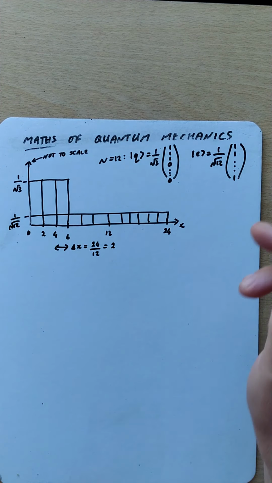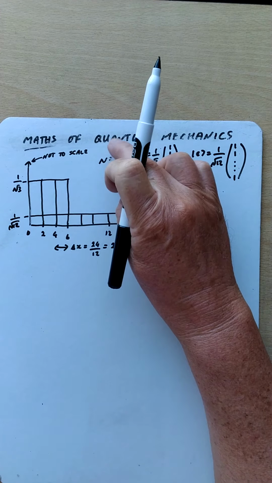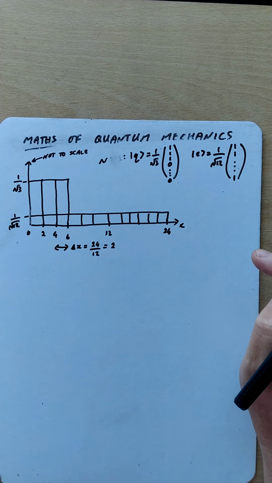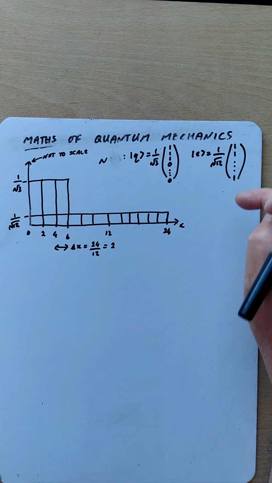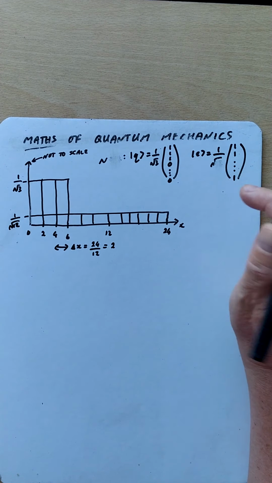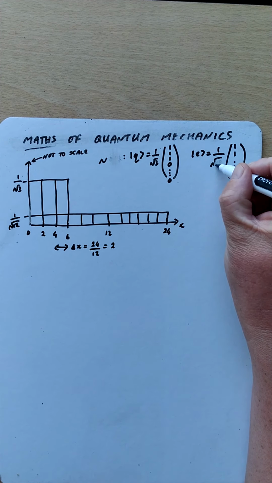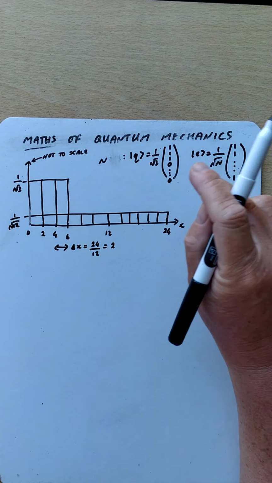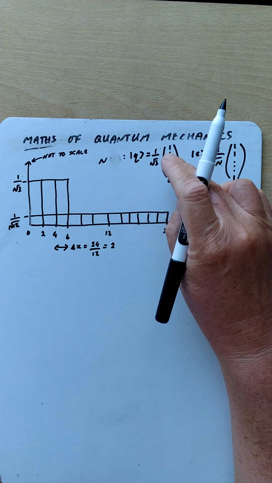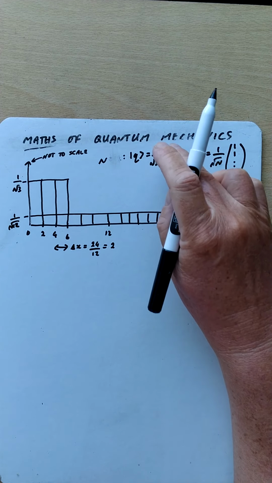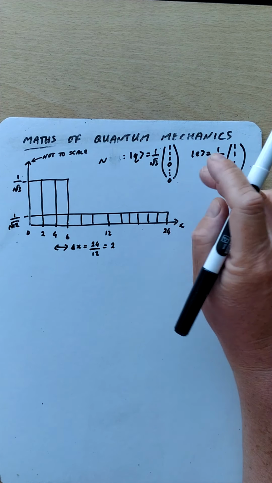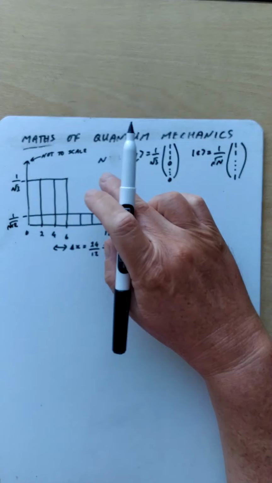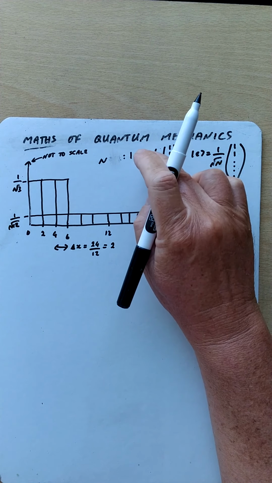So let's increase n to an arbitrary number. So there will be n of these entries now, and the normalization constant will be 1 over root n. And whatever n is, there'll be 1/4 of the number of n elements in this vector here. And let's assume for the moment that n is a nice tidy integer multiple of 4.